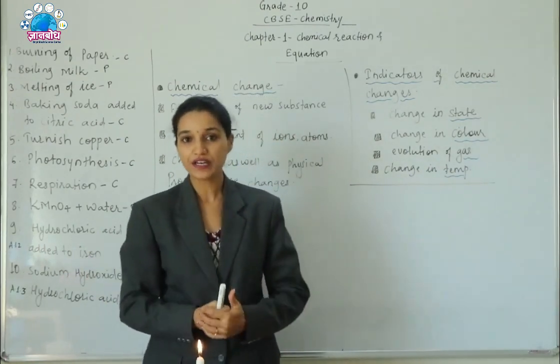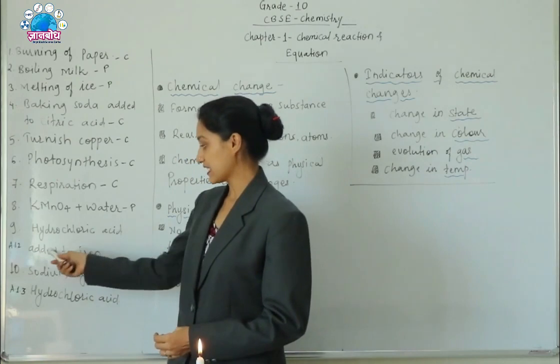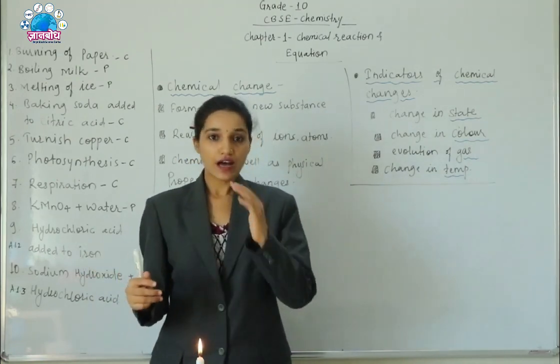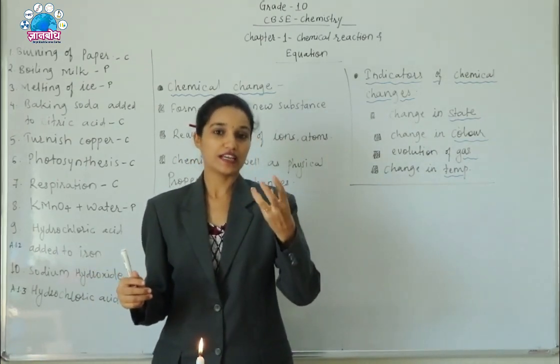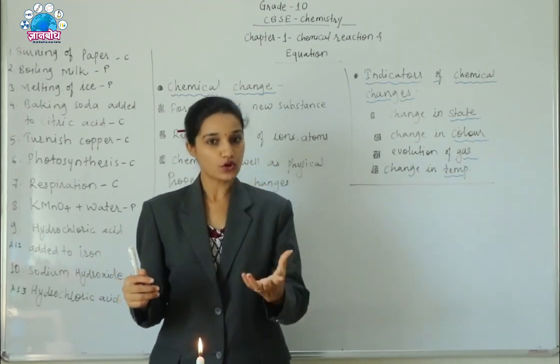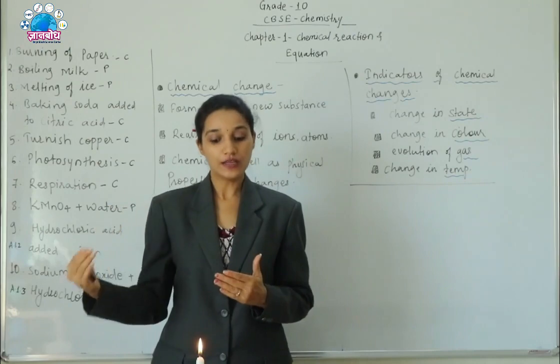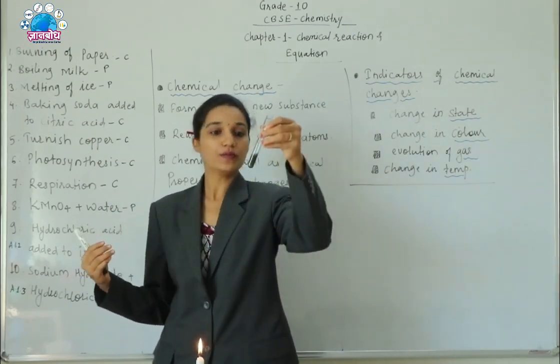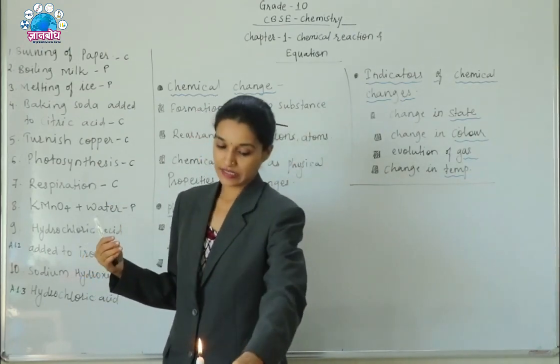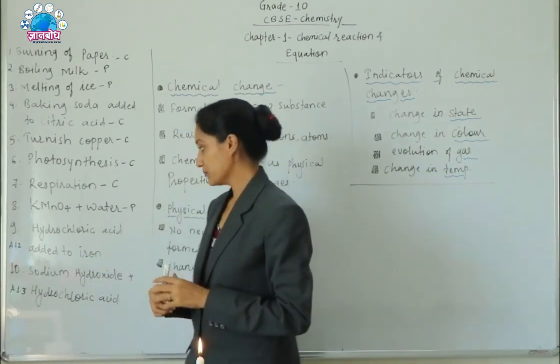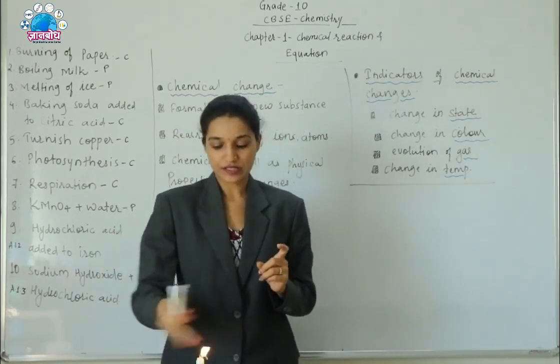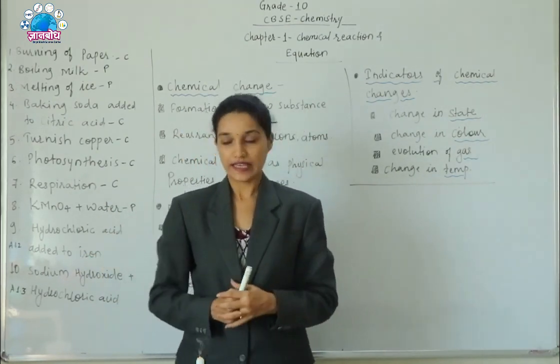Now what happened here? When hydrochloric acid is added to iron, iron will change its place and form a salt, that is iron chloride, and hydrogen gas will liberate. So these bubbles are of hydrogen gas that you have found. The effervescence is of hydrogen gas.